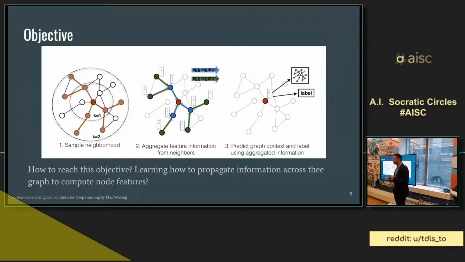And if you sample a fixed size, then you can have a batching algorithm that corresponds to it, right? Because when you have this fixed size, then you can pass it through batches to the network. So we sampled the neighborhoods, so the question arises, what is a sampling technique and how can we deal with that? That's a question I'm going to answer later.